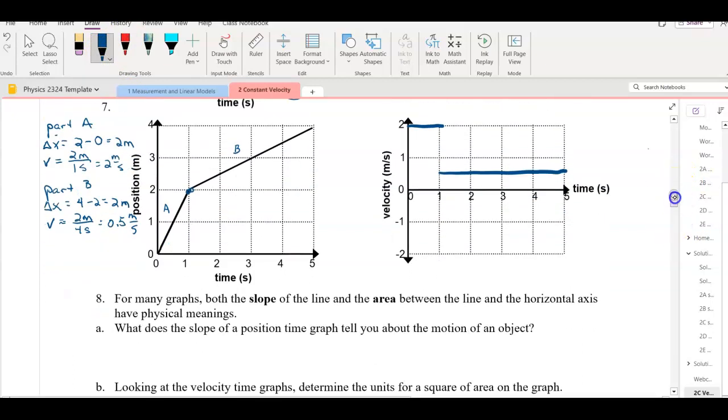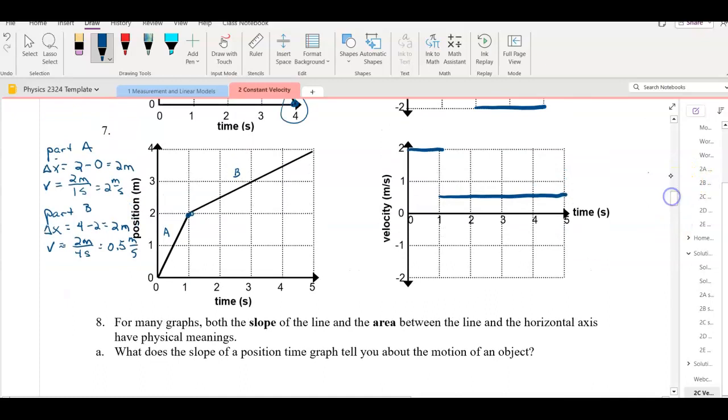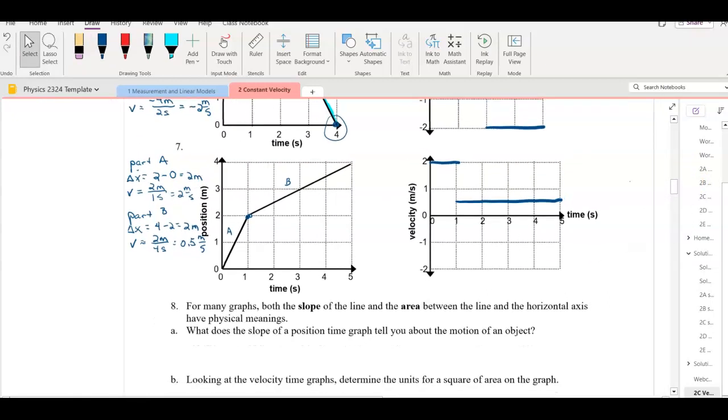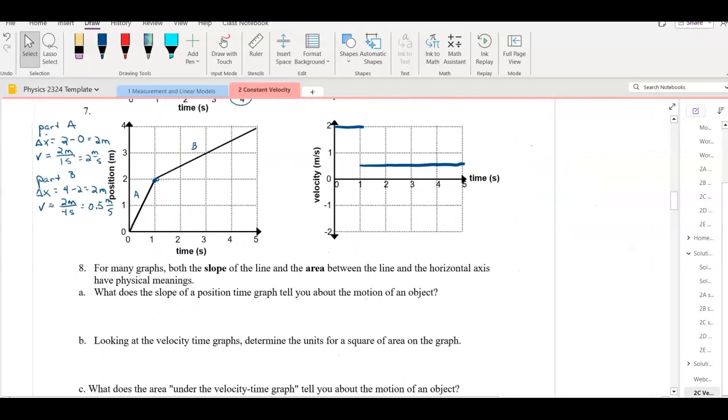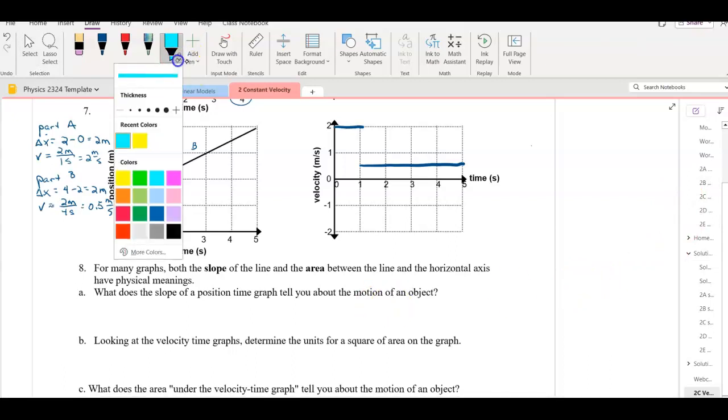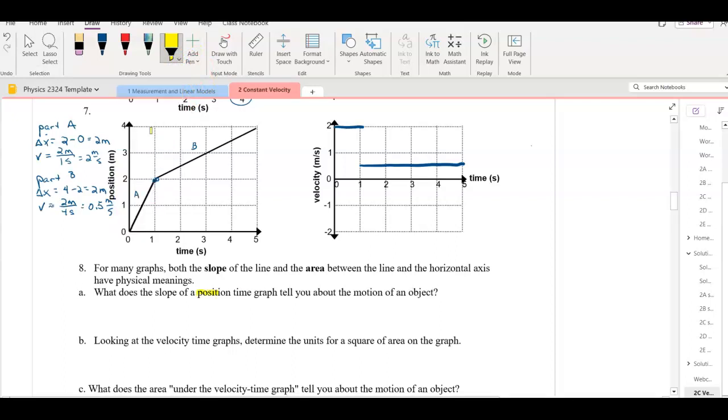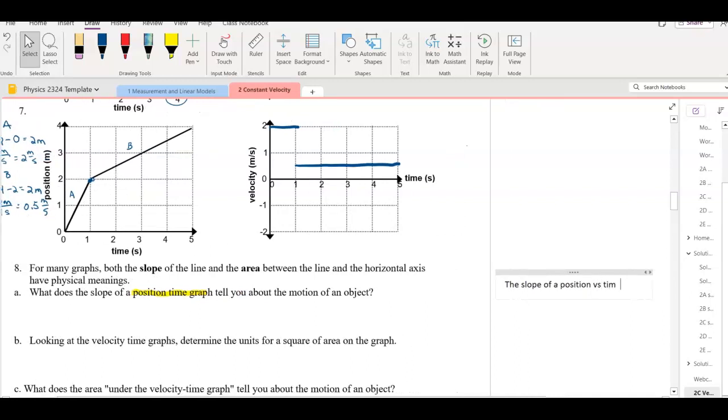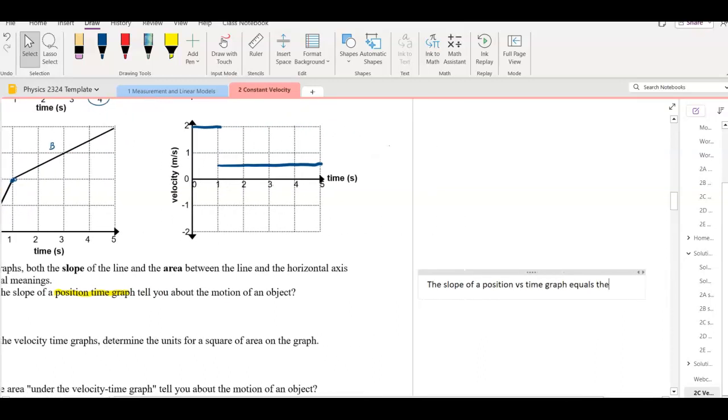Okay, so for many graphs, both the slope of the line and the area between the line and the horizontal axis have physical meanings. So let's recall what the slope of a position versus time graph is telling us. Okay, and we put this in our model summary, but we know that the slope of a position versus time graph equals the velocity.